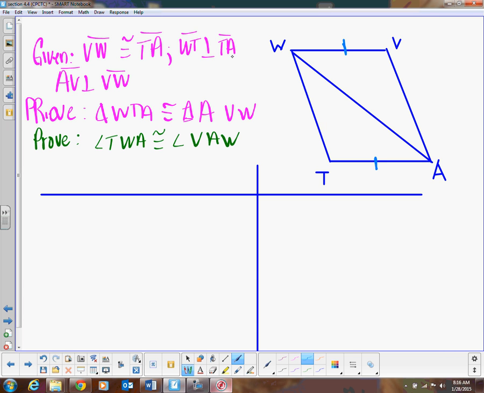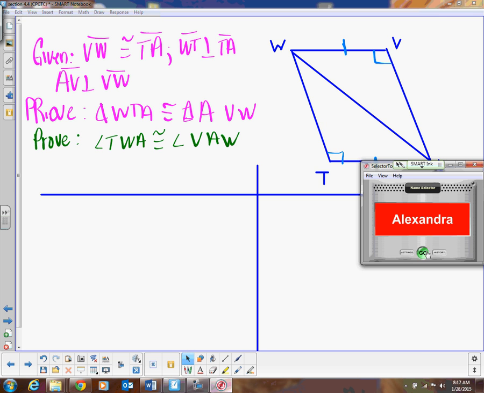Okay, what do you know about perpendicular? That forms. So we're going to put a box. What else are we going to do? There's two of them. And AV is perpendicular to VW. What else are we going to put there? Another 90 degree. All right. So far we've got that.